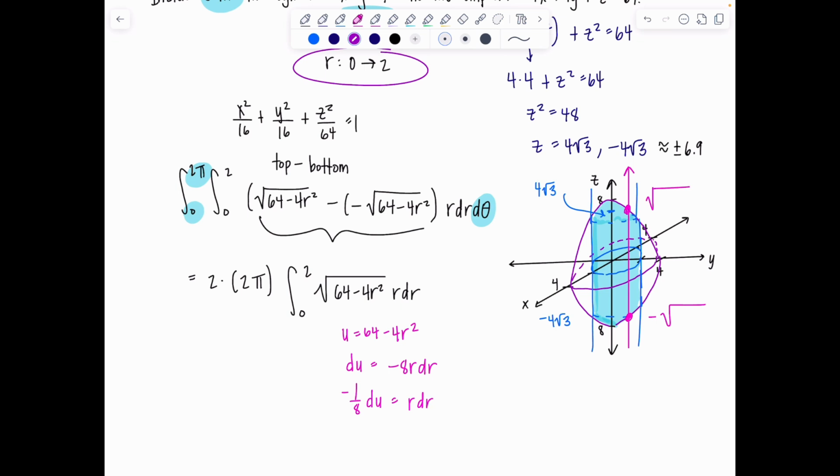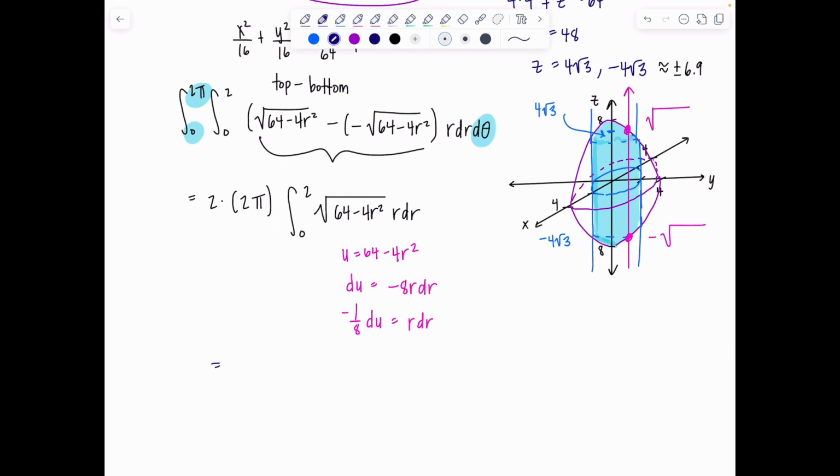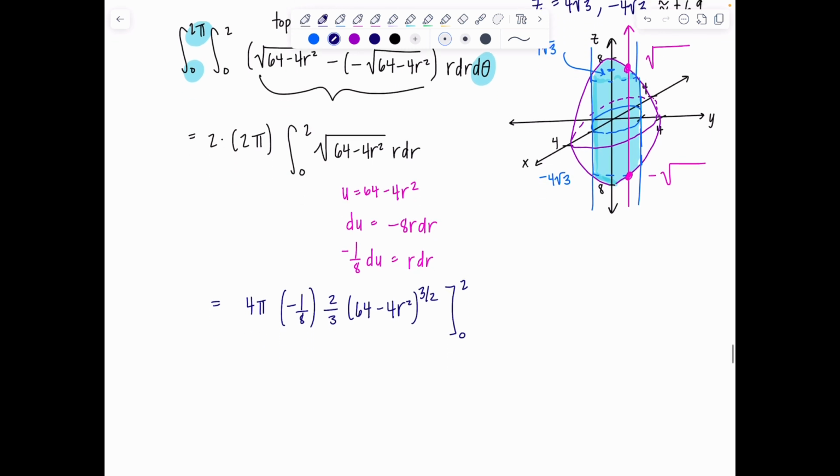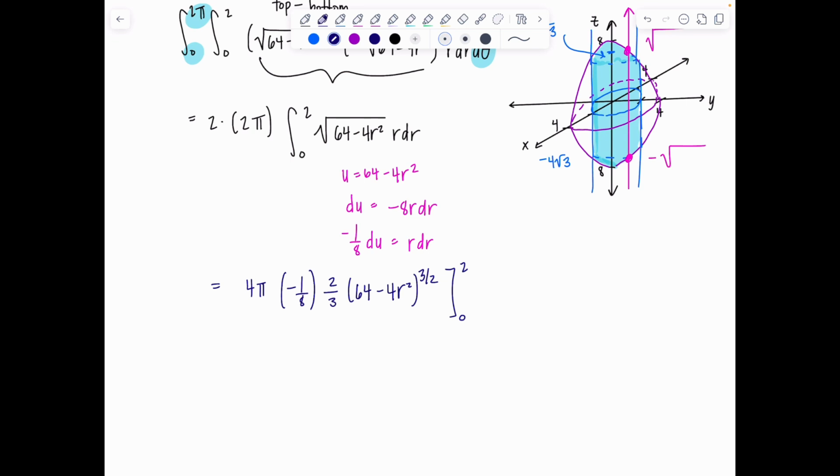That's it. Yep. So we've got 4 pi, negative 1/8. 64 minus 4r squared will now be to the 3/2, and you have a 2/3 out front. Evaluate this from 0 to 2. See, it really makes it so nice. Okay, what is this going to be? Are those constants correct?